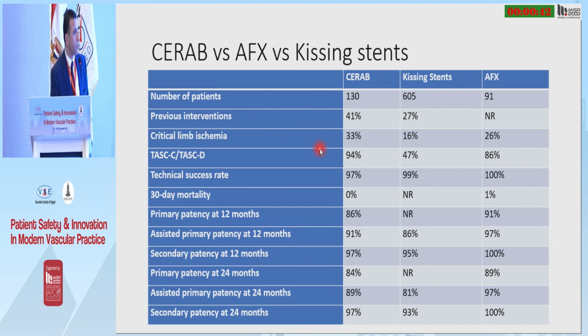And again, the majority of patients, or a third of the patients, were for CLI. And almost 95% were TASC C and TASC D, so not comparable with other groups. Looking at the outcome, the AFX has slightly superior outcome than the CERAB, but both of them are much better than the kissing stents.